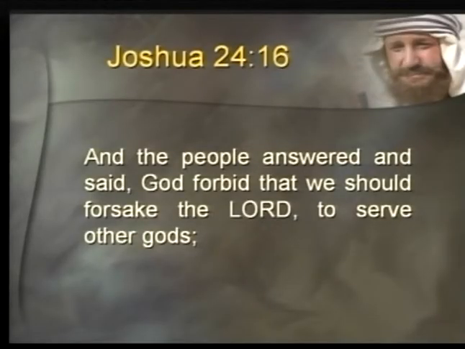He says, you must choose this day whom you want to serve. However, in Joshua, we find that most of the people in unity, in verse 16, answer: "And the people answered and said, God forbid that we should forsake the Lord to serve other gods."